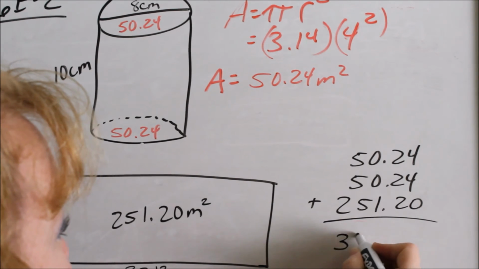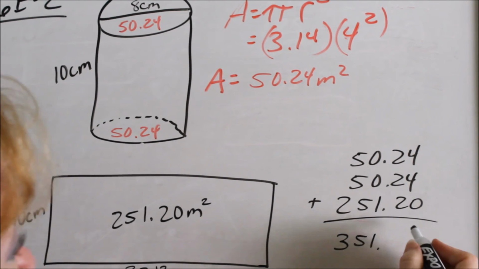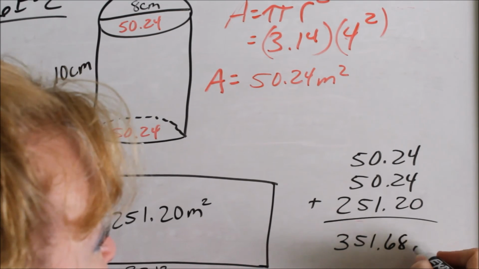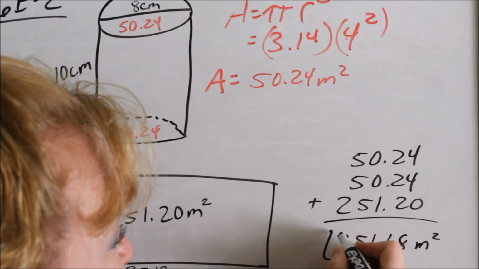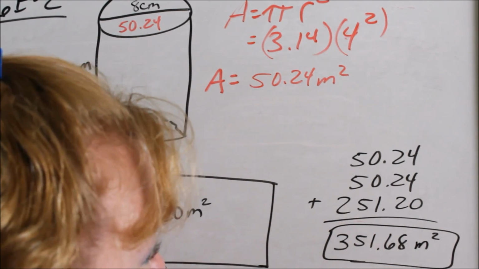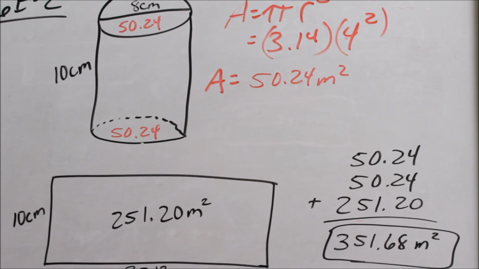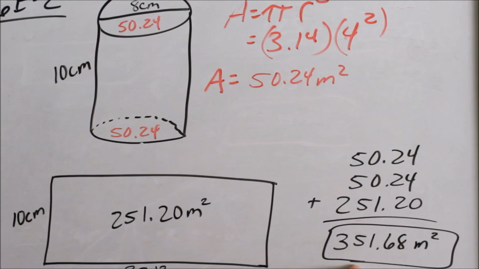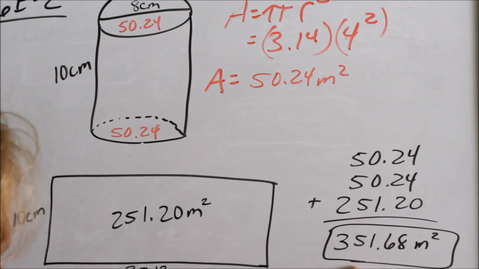And I got 351.68 square meters. That is the surface area of that can. In other words, to make that vegetable can, I would need 351.68 square meters of aluminum or whatever it's made of to be able to make the outside of that can.